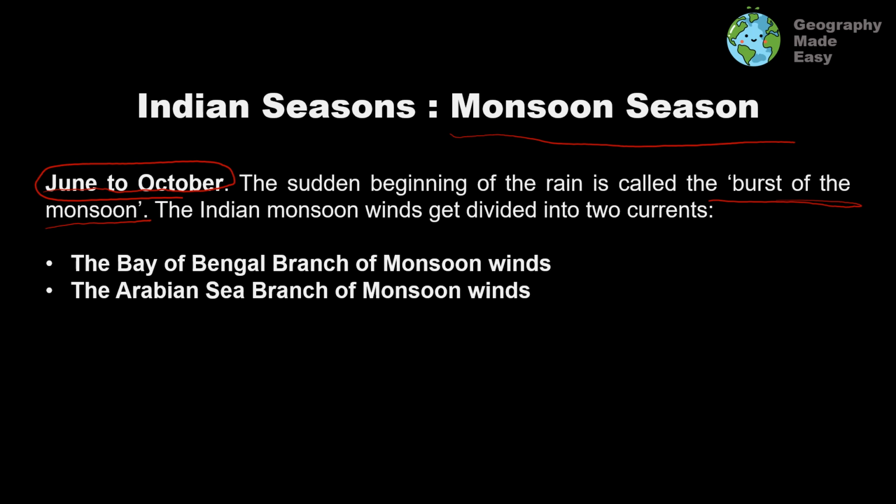That is why it is called the burst of the monsoon, and we will be discussing in detail the mechanism by which the Indian monsoons blow across the subcontinent. So monsoon winds basically get divided into two currents, the Bay of Bengal branch and the Arabian Sea branch, and we will be discussing them in detail.